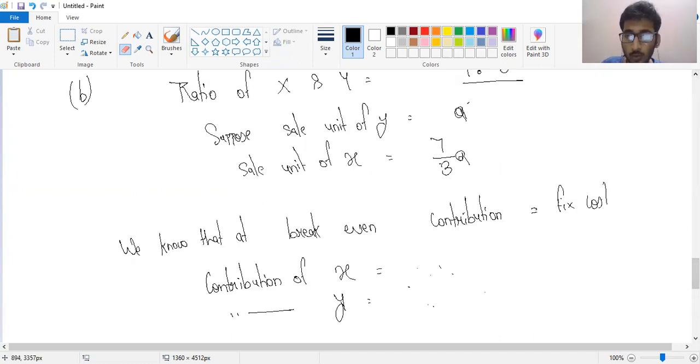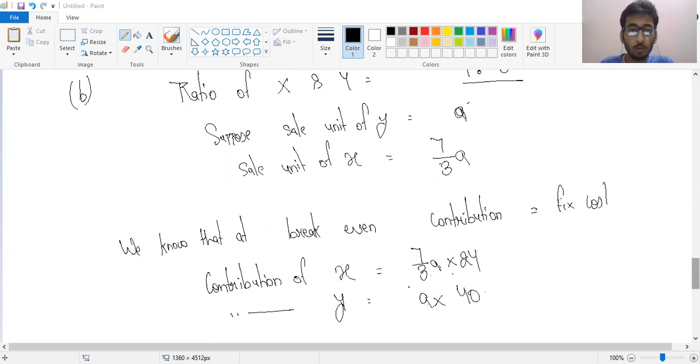Guys, X denotes 7 upon 3. So for X, I can say 7 upon 3A multiplied by 24. And for Y, I can say A multiplied by 40. Since sale unit of Y is A, the contribution of Y would be A multiplied by 40.